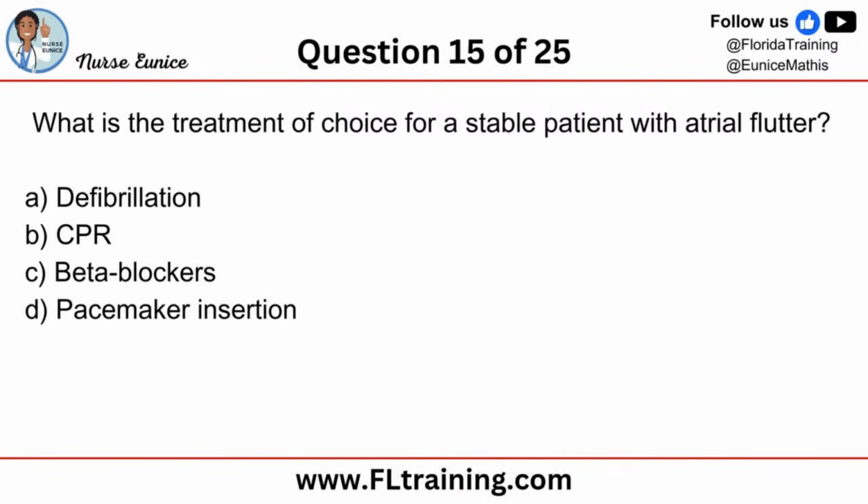Question number 15. What is the treatment of choice for a stable patient with atrial flutter? Is it A, defibrillation, B, CPR, C, beta blockers, or D, pacemaker insertion. Remember atrial flutter, the sawtooth?